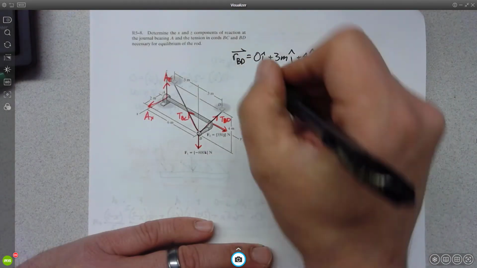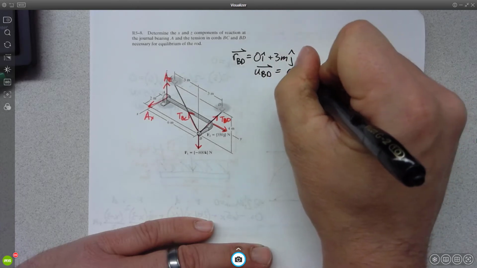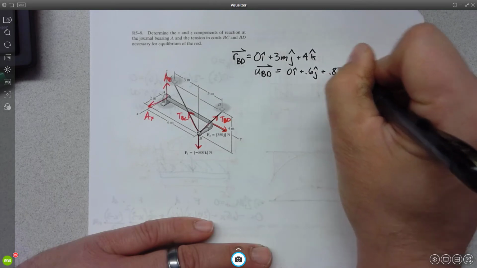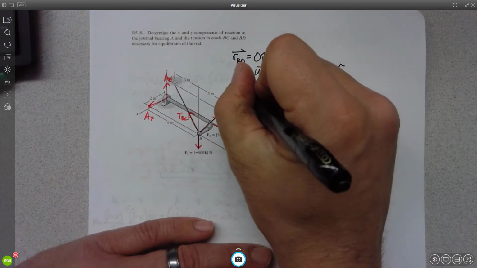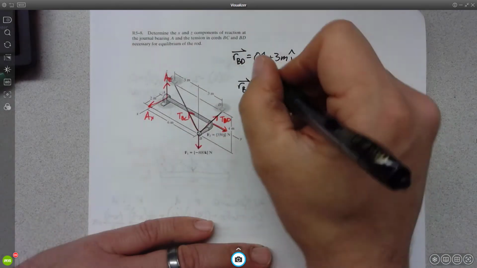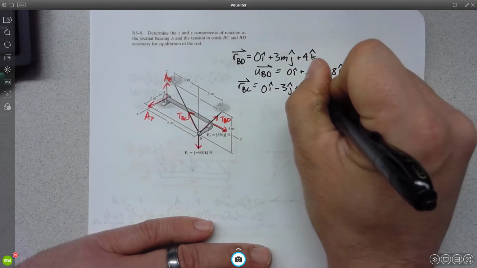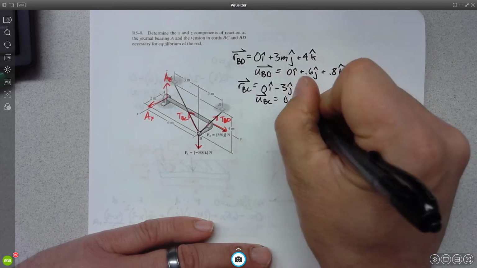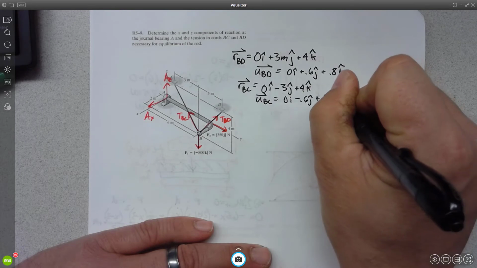Which means that's a 3, 4, 5, so we can just do our unit vector right off the bat in our heads and say that the unit vector is 0I plus 0.6J plus 0.8K. And our BC looks like it's the same, except -3 in the J direction, +4 in the K hat. So unit vector BC would be 0I minus 0.6J plus 0.8K, right?